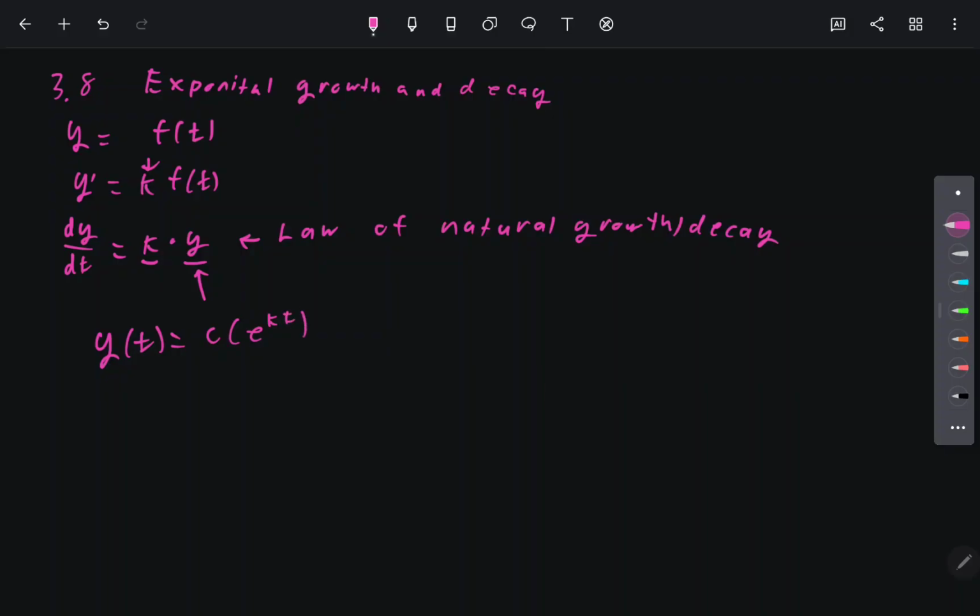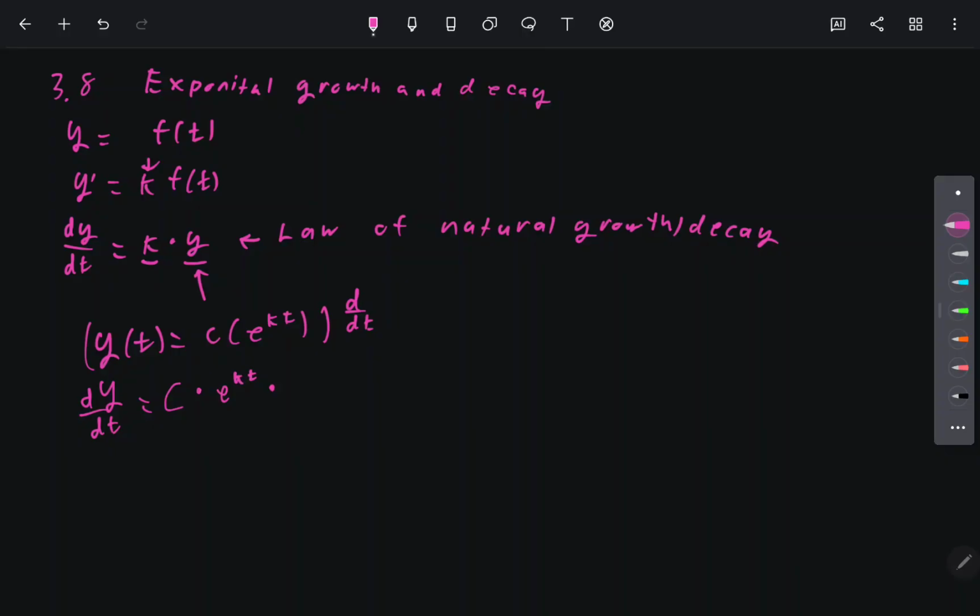Now what I want to do with this is take the derivative with respect to t. So we get our y prime, or a derivative of y with respect to t, is equal to, well, to start out, we have the constant, which we can bring out front, so it's just c, times the function, which is e to the kt, times the derivative of the inside function.